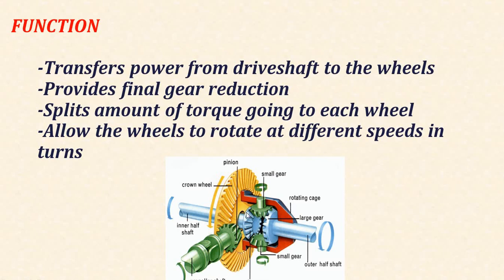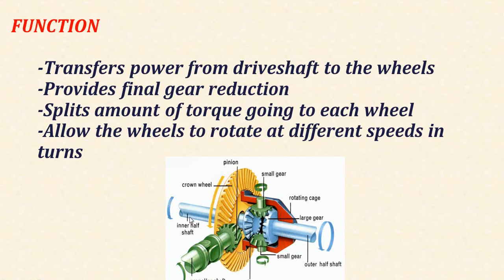So the function of the differential: it transfers power from drive shaft to the wheels. This is the propeller shaft which transmits the power. It receives it from an engine and delivers it to the wheels via differential. Then it provides final gear reduction. Next function, it splits the amount of torque going to each wheel.